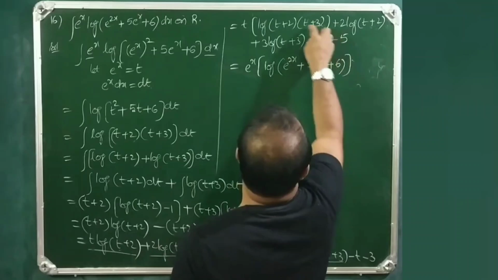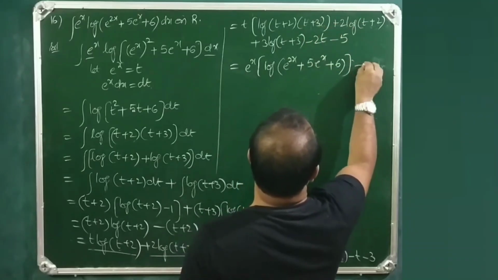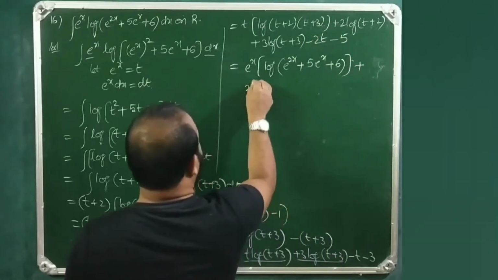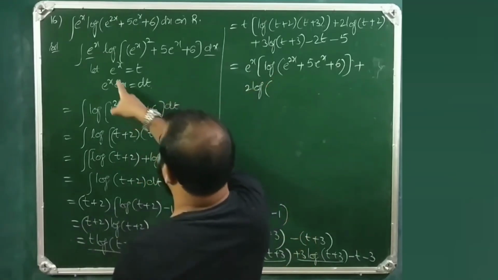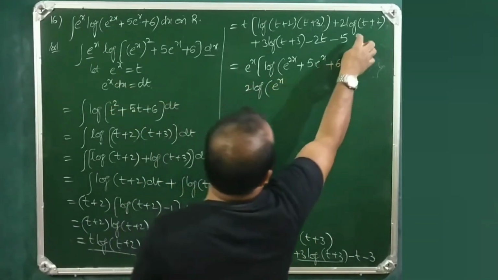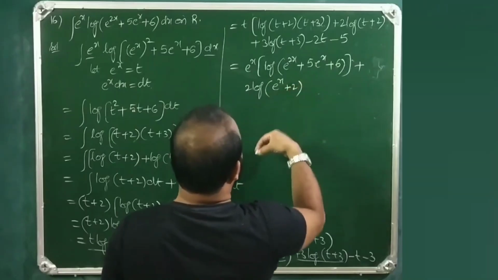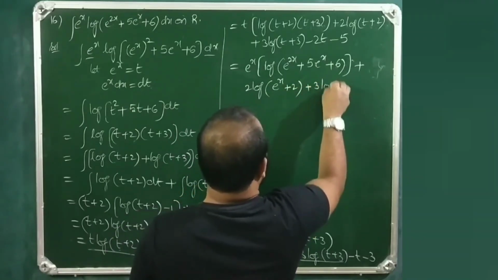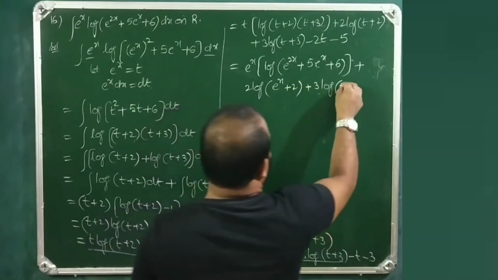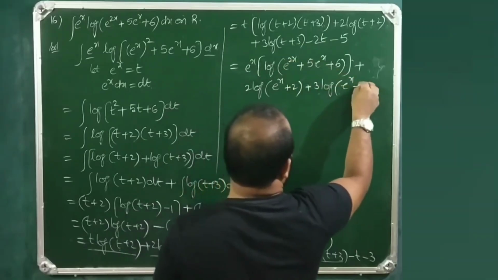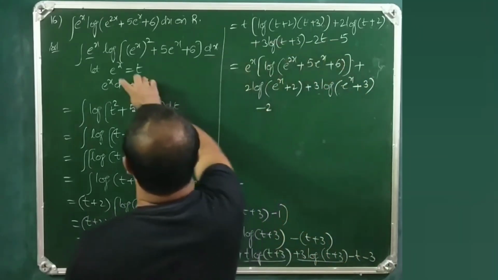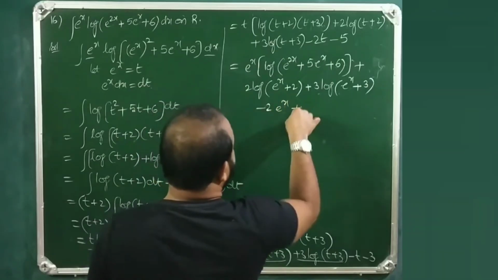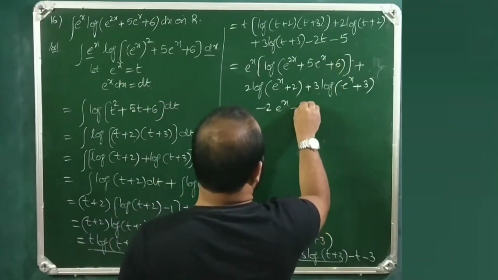So this we have written, plus 2 log(t+2), t here is e power x, so 2 log(e^x + 2), plus 3 log(e^x + 3), minus 2, t here is e power x, minus 5.